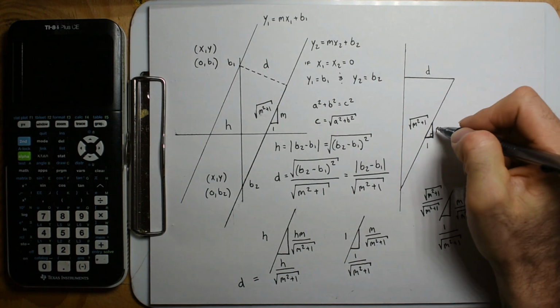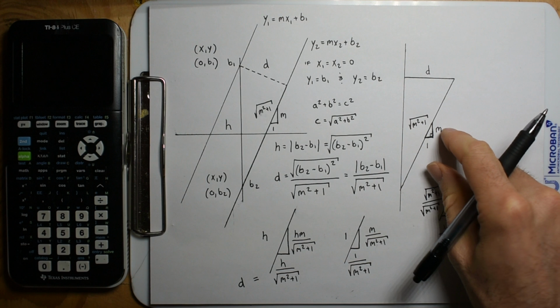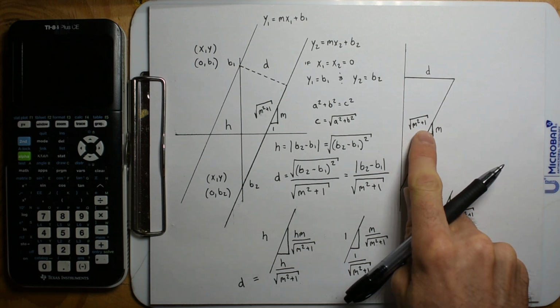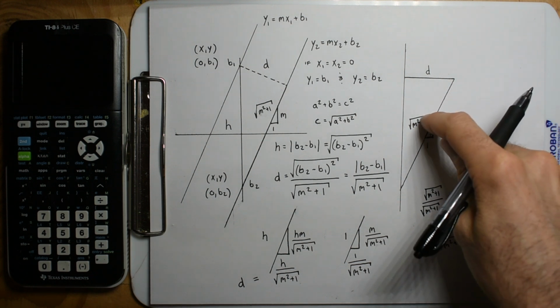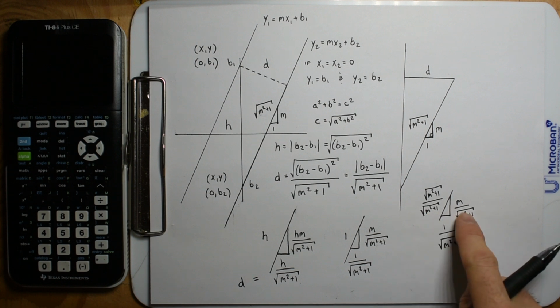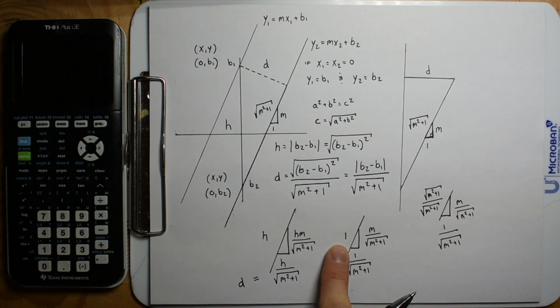If these are your two sides, your hypotenuse is going to be the square root of m squared plus 1. The whole idea is to get your hypotenuse equal to 1, so we divide this triangle by the square root of m squared plus 1. Now our hypotenuse is 1.